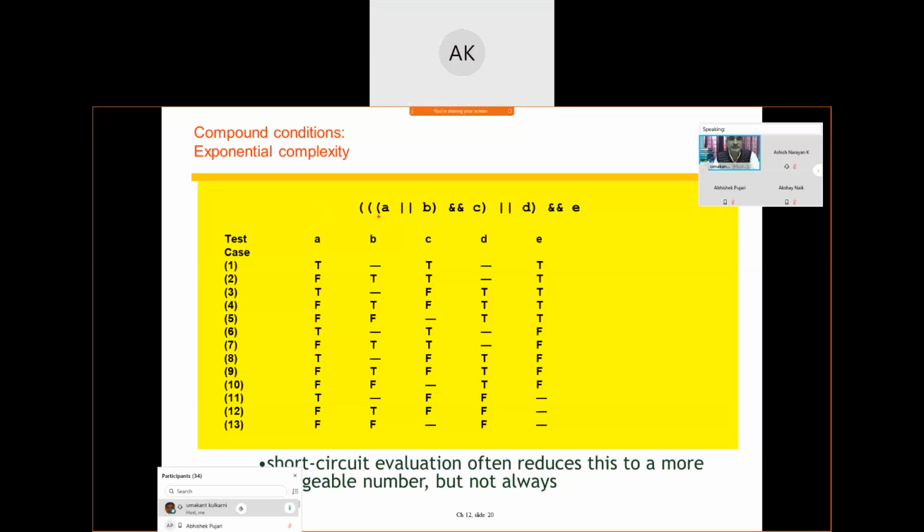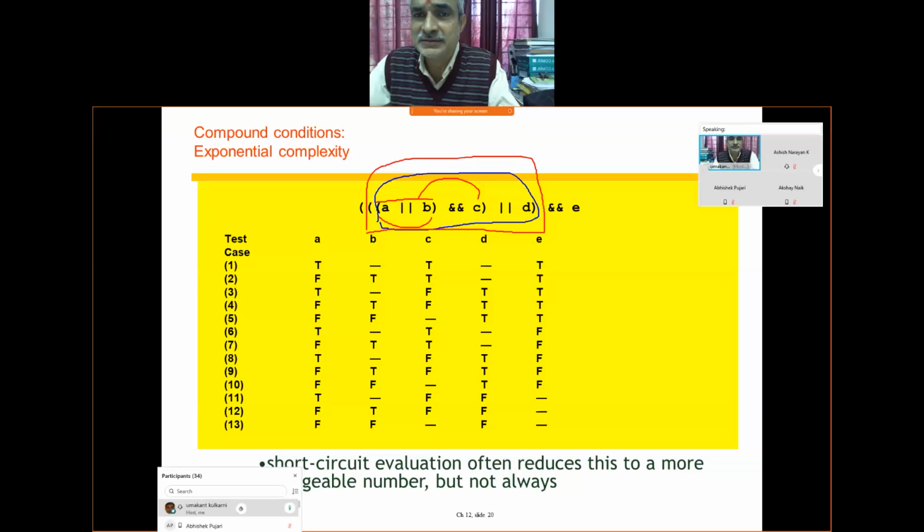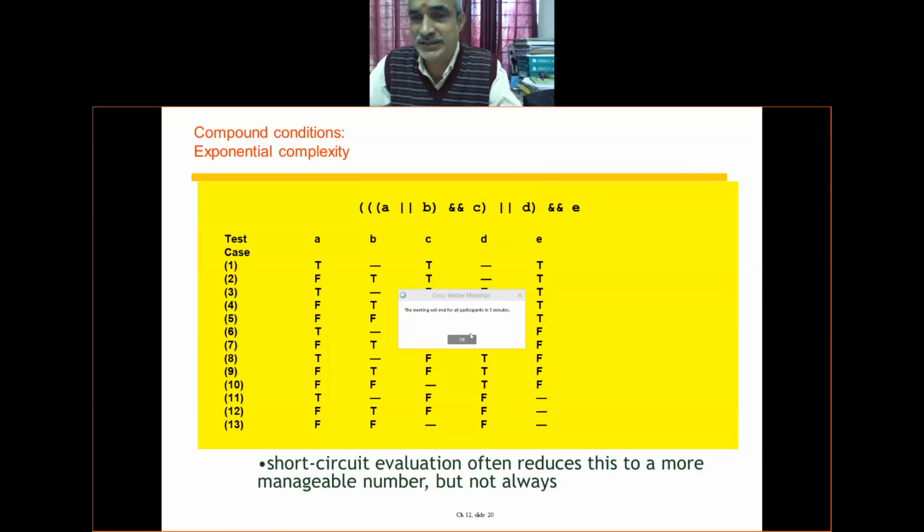This A or B, and this entire thing and C, then this entire thing or D, then this and this. It is getting closed shortly.